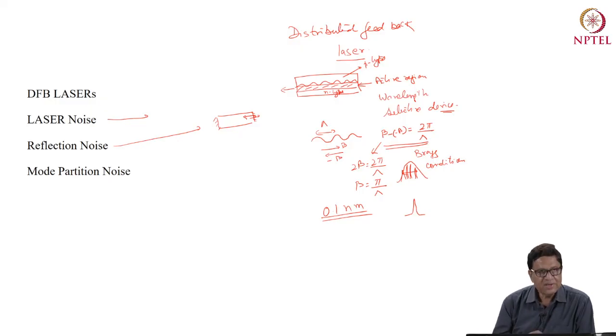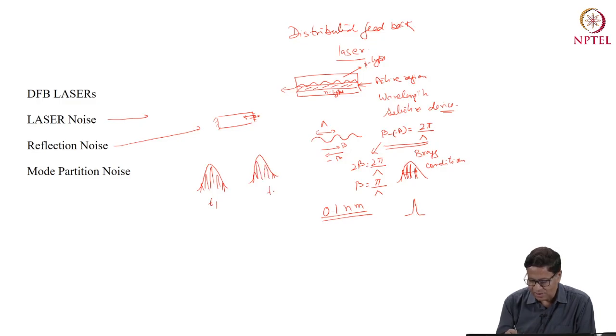And the third one is mode partition noise. As I explained earlier, for a multimode longitudinal mode laser, there are many modes. Suppose this is at time t1. At t2, the power in these modes may change, so it will become something like this, or something like this.